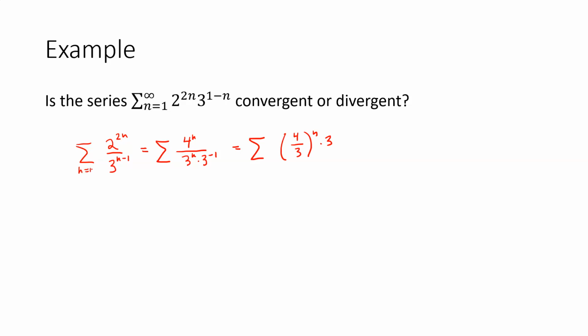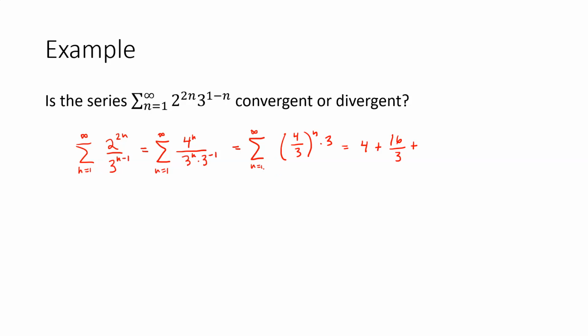And notice that this is geometric, because each subsequent term of the series gets multiplied by 4/3. If you're not sure about that, you can always write out the first few terms of the series. When n equals 1, we get 4/3 times 3, which is 4. When n equals 2, I have 4/3 squared, which is 16/9, times 3, which is 16/3.